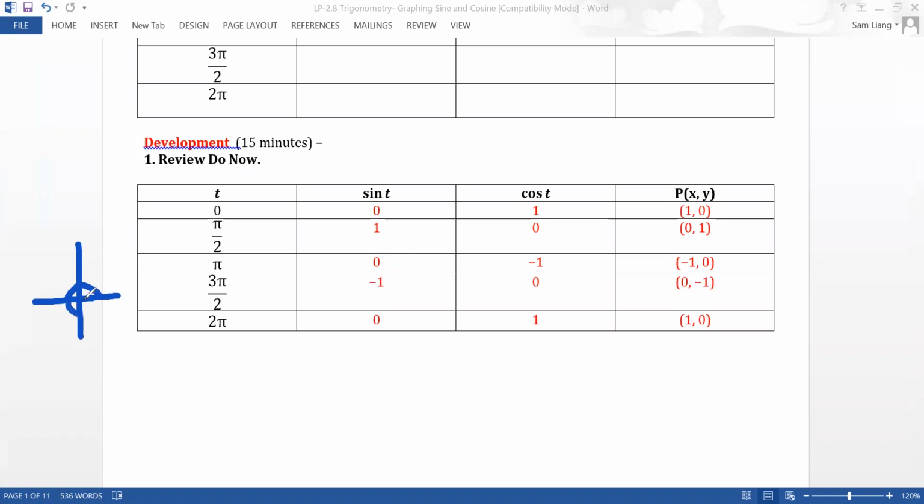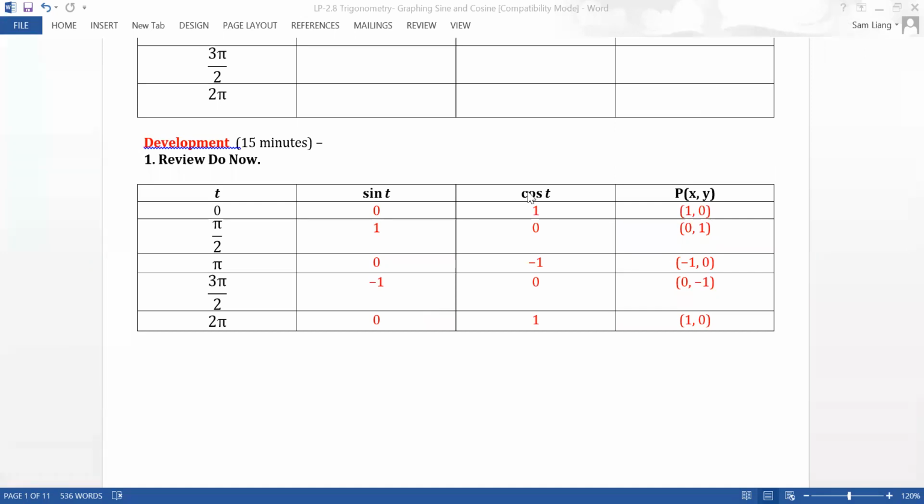So the y coordinate there is going to be negative 1, and the x coordinate is 0. So 0, negative 1. And then lastly, 2 pi, which is where we started. So sine of 0 and 2 pi is 0, and cosine of 0 and 2 pi are both 1. All right, so that's your chart.